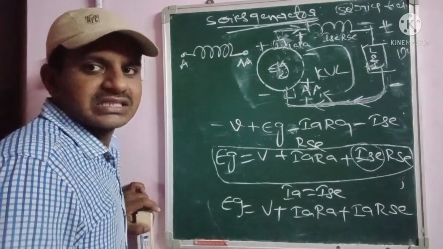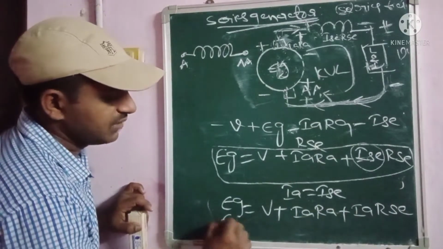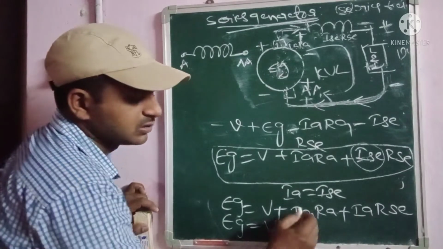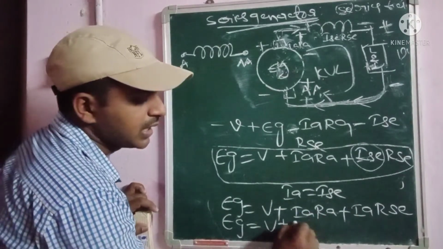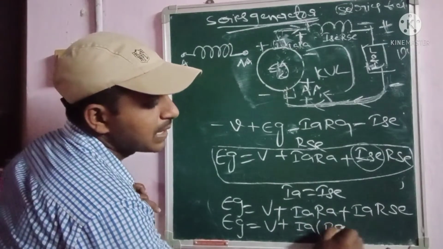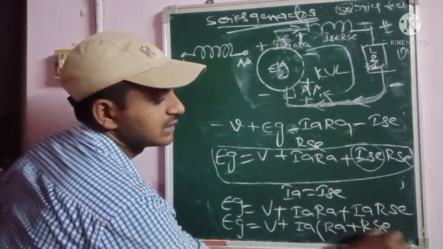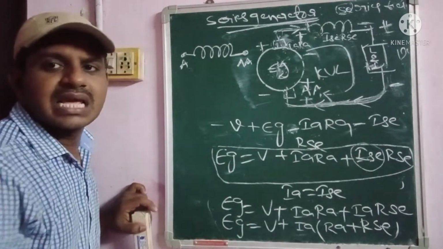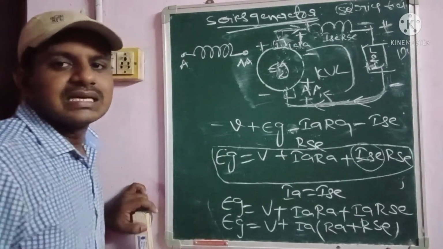Very, very important equations. Therefore, Eg is equal to V plus, taking Ia, the armature current, common, Ia into (Ra plus Rsc). This is the general EMF equation for the DC series generator.